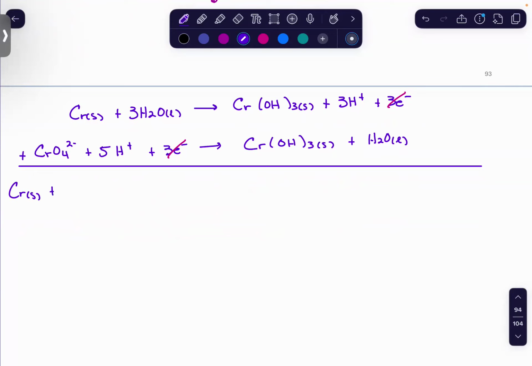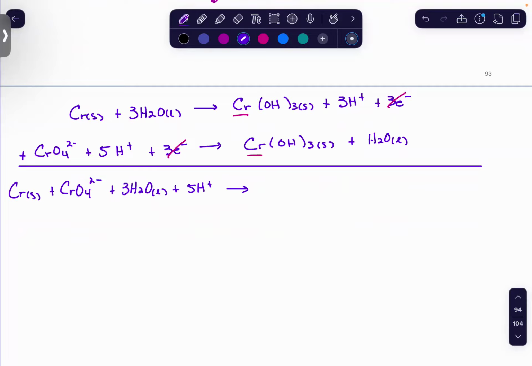All right, so now solid chromium plus chromate plus 3 waters plus 5 protons. Now you notice how I have chromium hydroxide, chromium hydroxide.